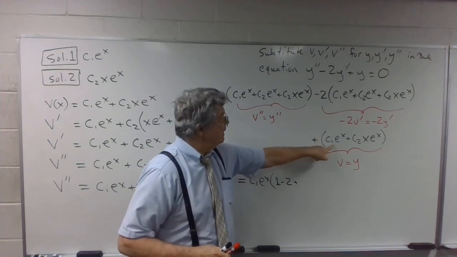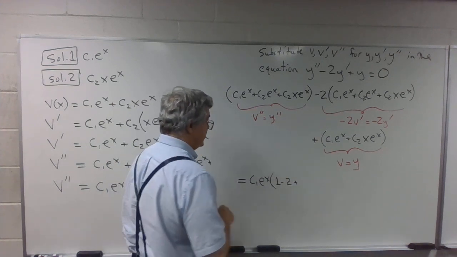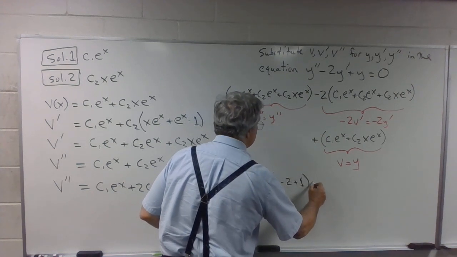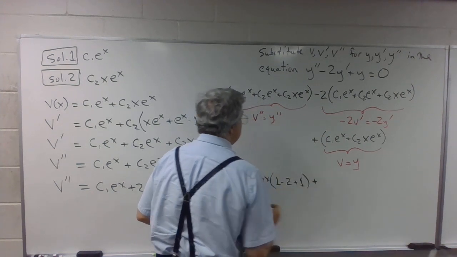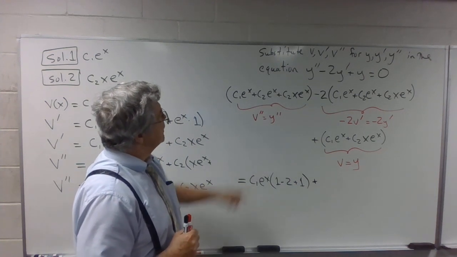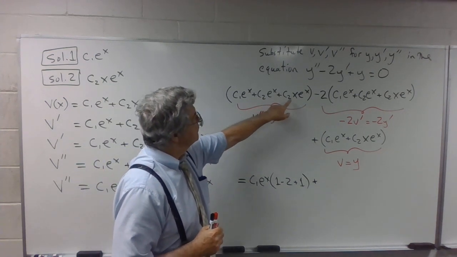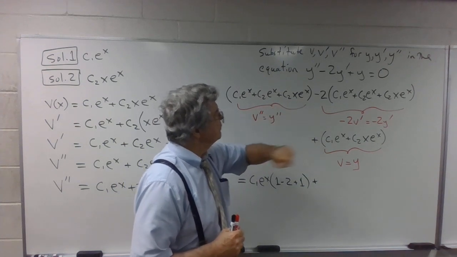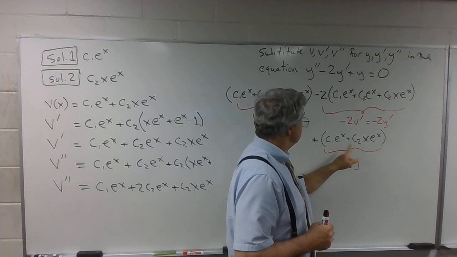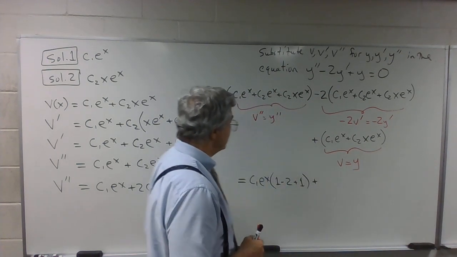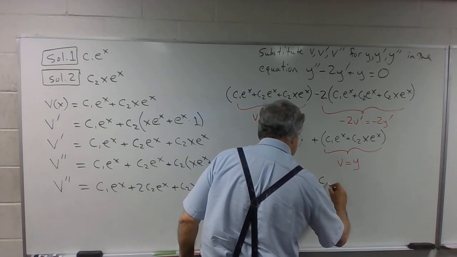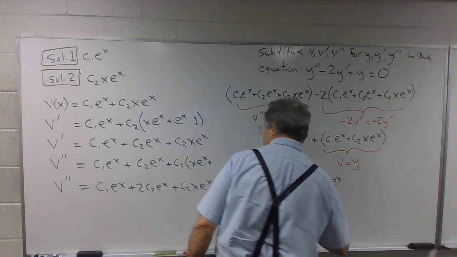And here I have 1 c1 e to the x. Okay. Now, what else do I have as a common factor? c2 e to the x appears in each of the terms. Okay, so I have a common factor of c2 e to the x.